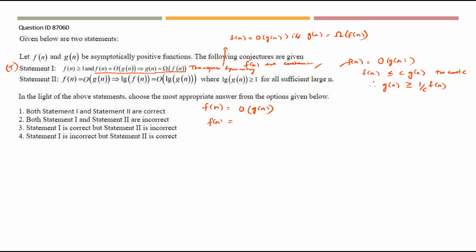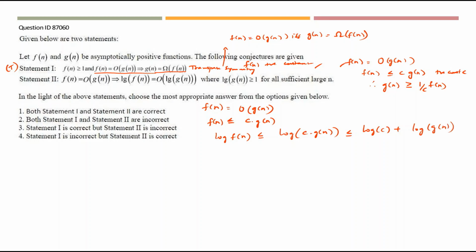f of n is less than or equal to c into g of n. Now I am applying log here. Log of f of n is less than or equal to log of c into g of n, which is less than or equal to log of c. Since I am splitting it, I have a plus here, log of g of n.